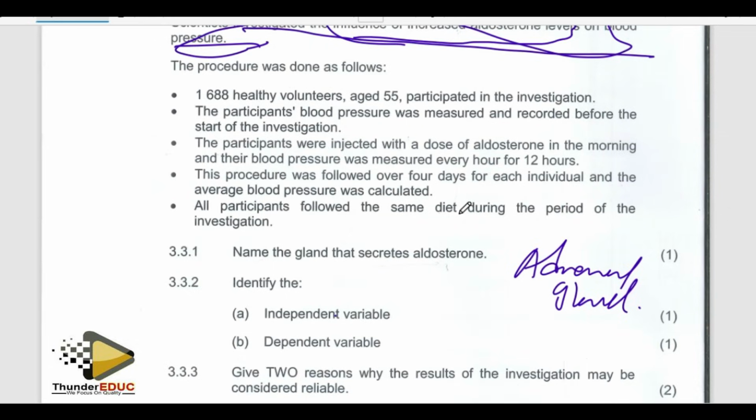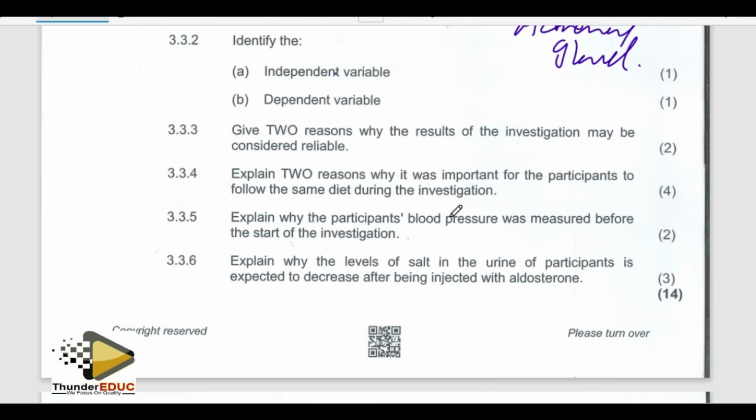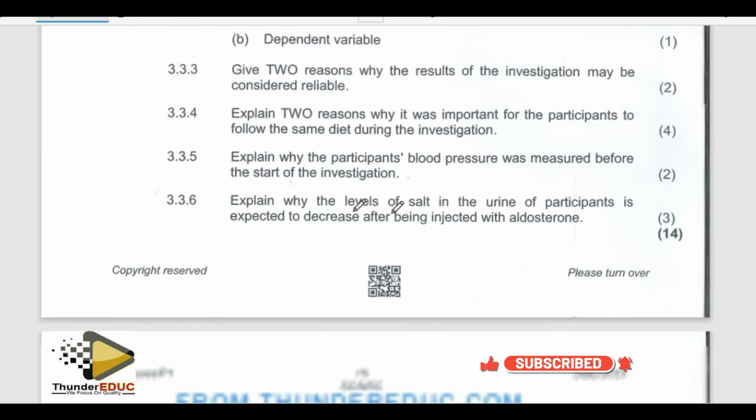Yes, somewhere there. So I'm just rushing so that I go to the last question, because that is an open question. This is not that we're going to bring the same question. It's just how you extract it from the question. They're saying, explain why participants' blood pressure was measured before the start of the investigation.